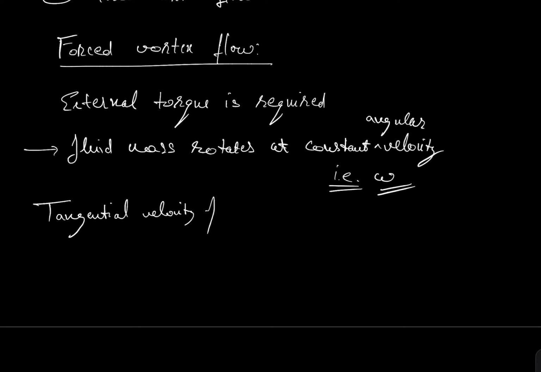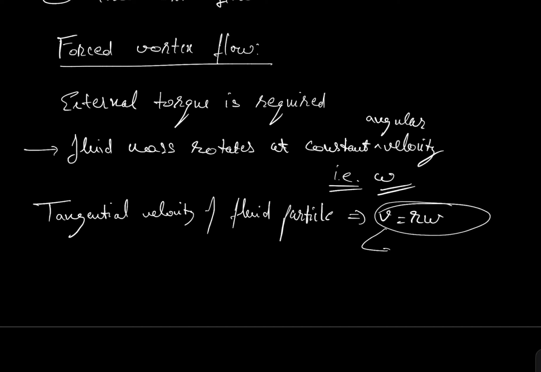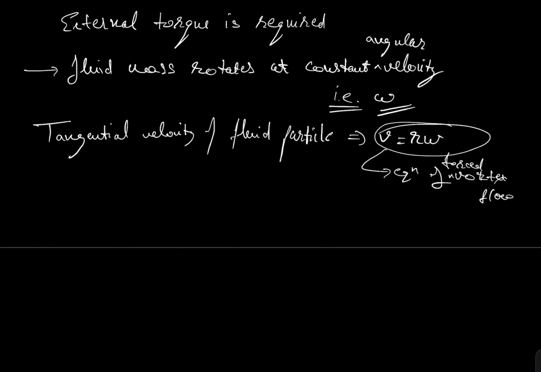V is equal to r omega, right? So this is the equation of forced vortex flow. V is equal to r omega, right?